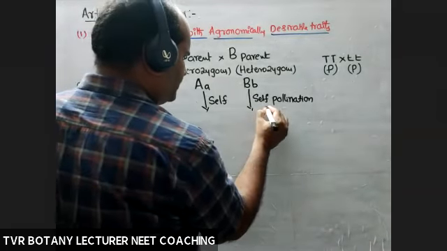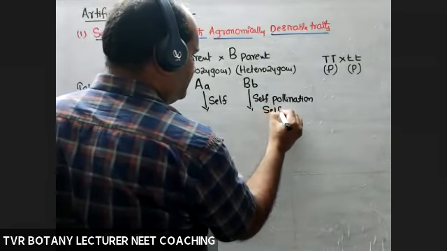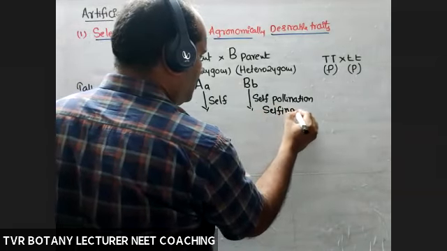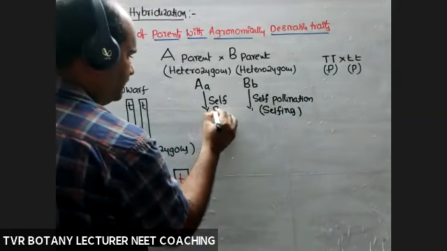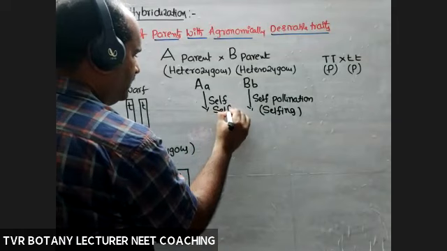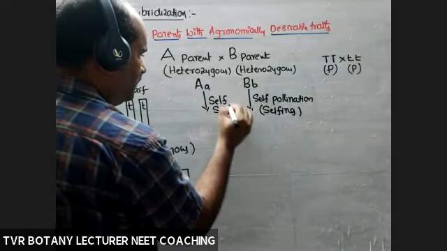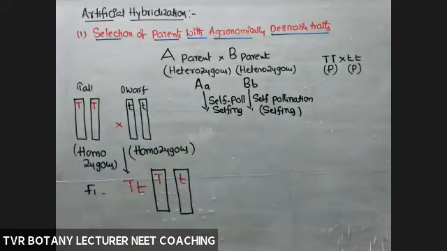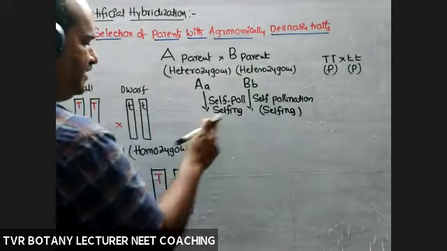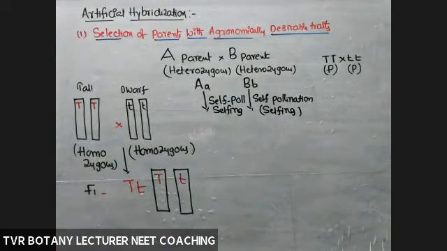Self-pollination means selfing, or inbreeding. The purpose of self-pollination is to convert heterozygous condition into homozygous condition.